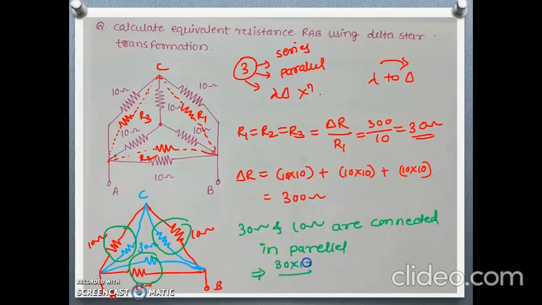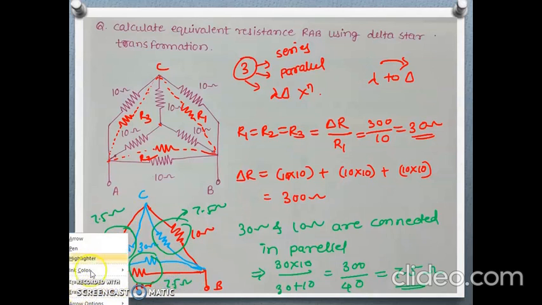Equivalent will be 30 into 10 divided by 30 plus 10. This is 300 divided by 40, which is nothing but 7.5 ohm. So each parallel combination is now 7.5 ohm. This is also 7.5 ohm, and this is also 7.5 ohm.